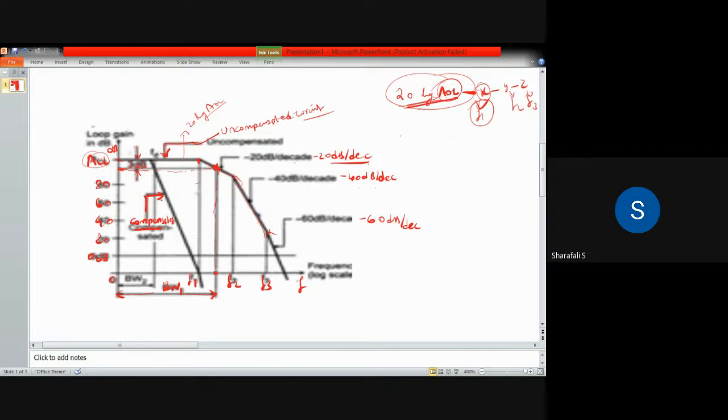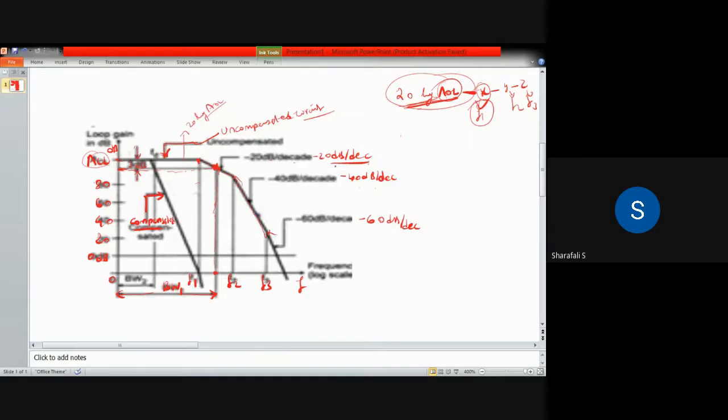You will have an additional pole in your system, that is FD. So your equation will have one more pole in your system. That FD is the additional pole, and that will make an additional break frequency.